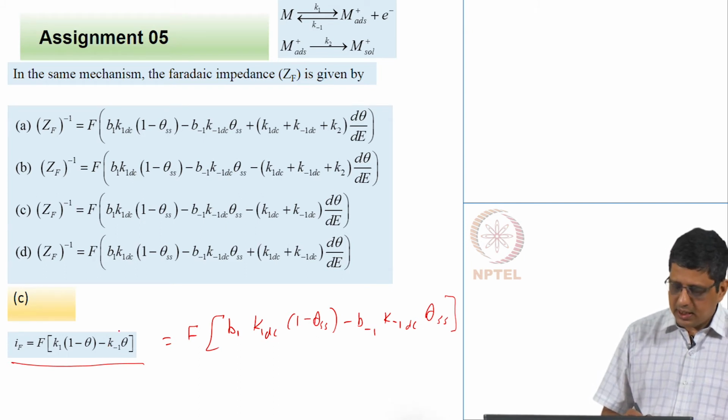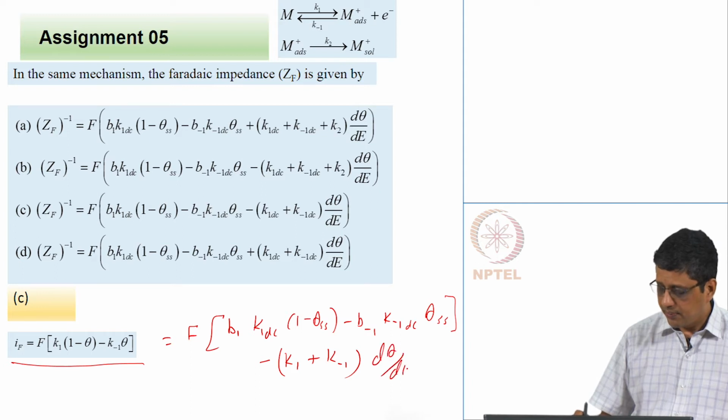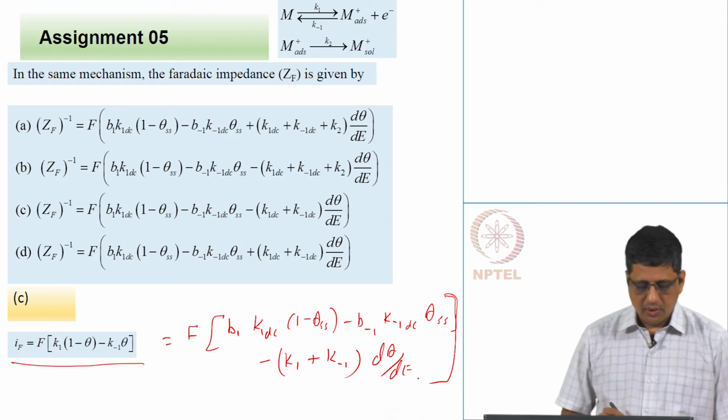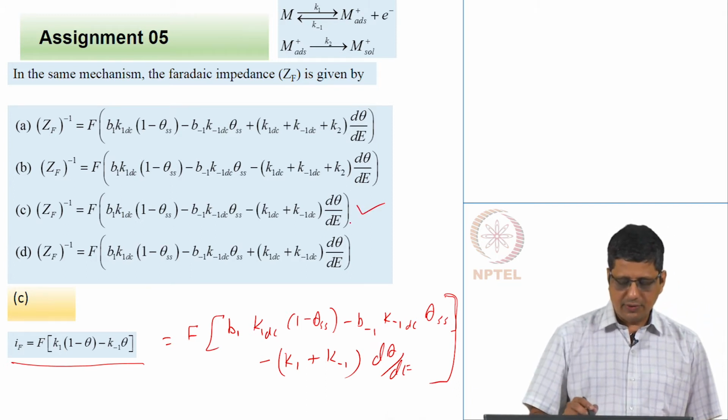The expansion in theta would give us an expression in d theta by dE, and that is going to be minus K1. So, C is the correct choice for this question.